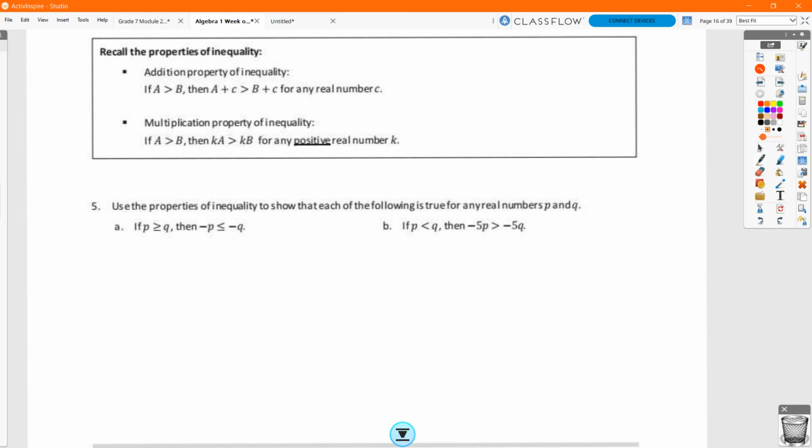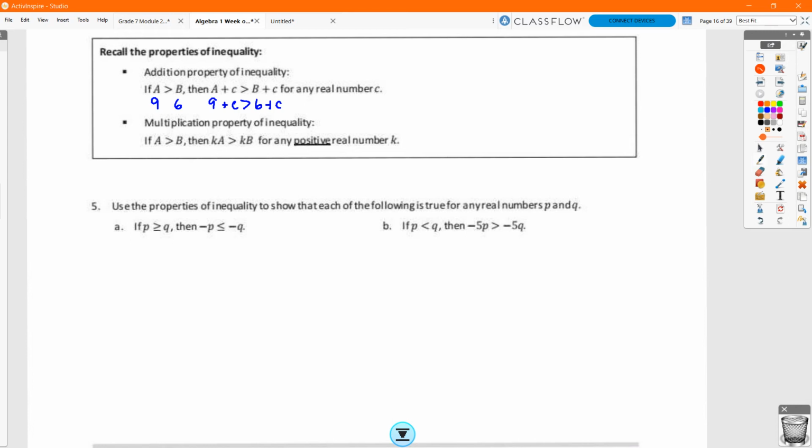If A is greater than B, then A plus C has to be greater than B plus C. The idea is if this is 9 and this is 6, then 9 plus C has got to be greater than 6 plus C because C is going to be the same number.